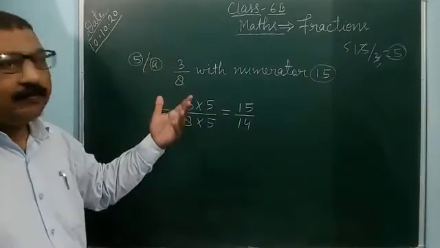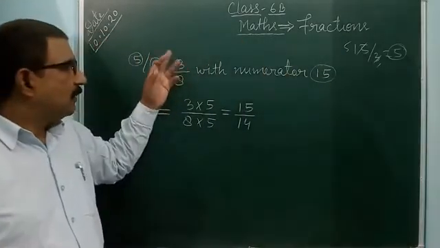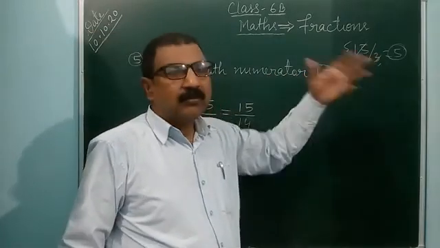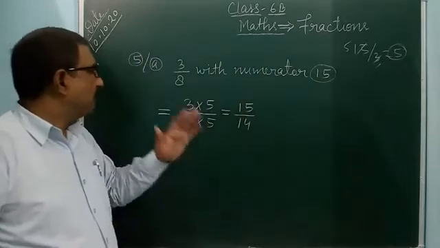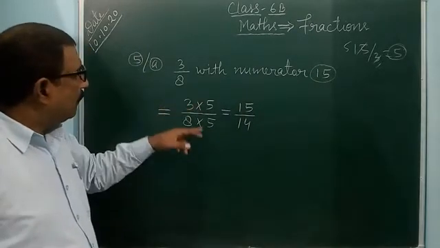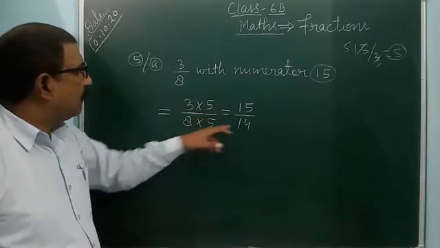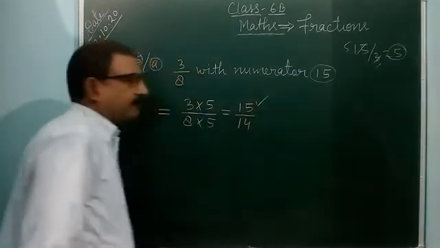If you divide 15 by 3, you get 5. So you multiply 3 by 8 by 5 by 5. Now you have numerator 15.